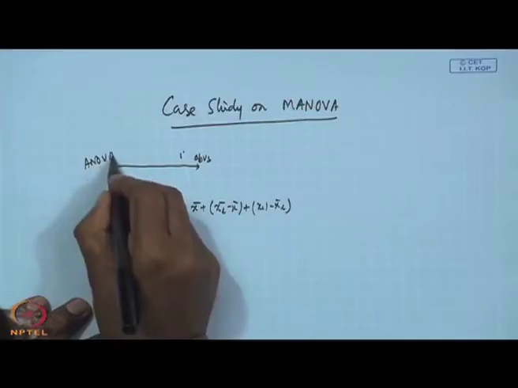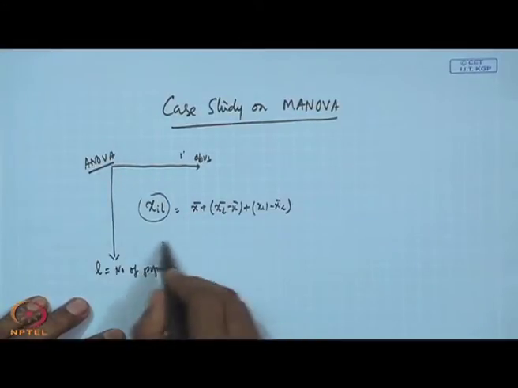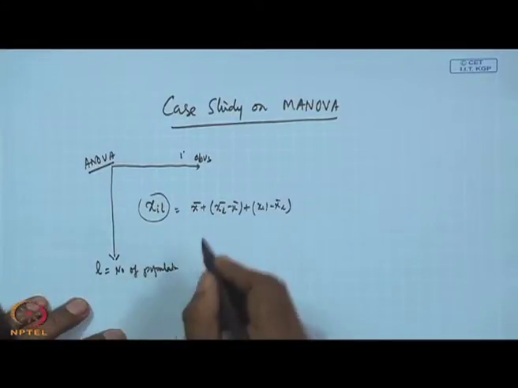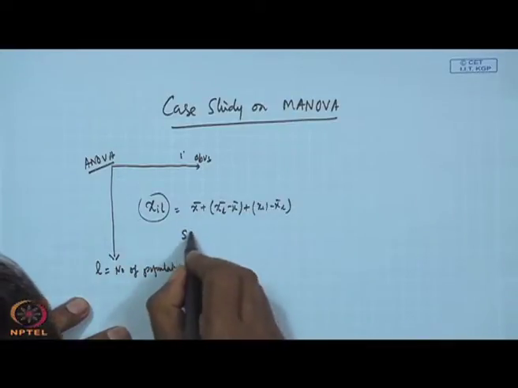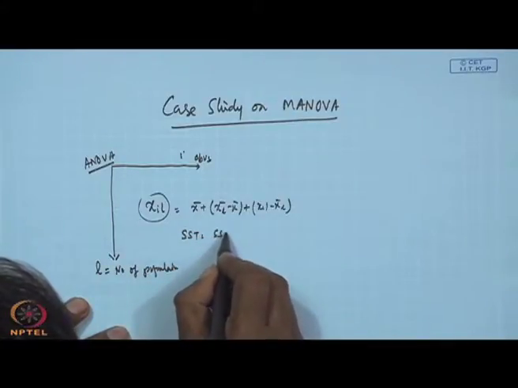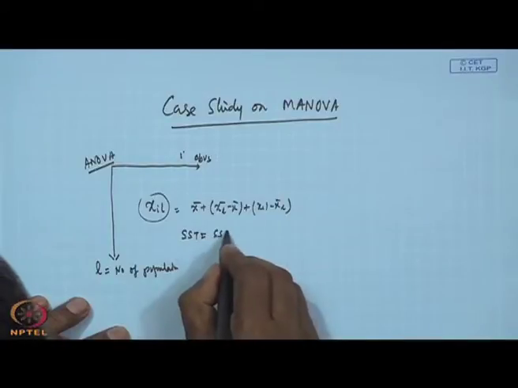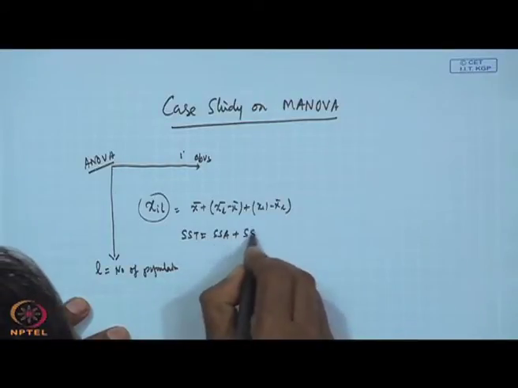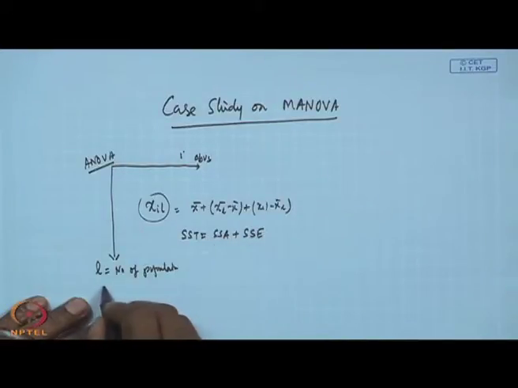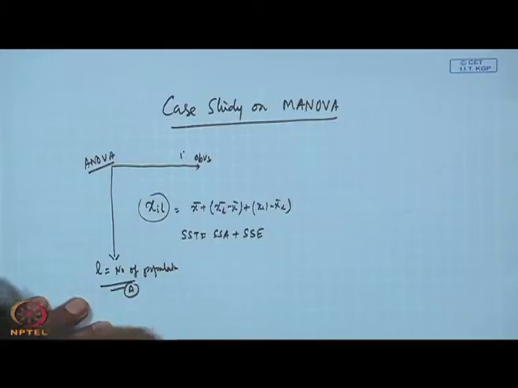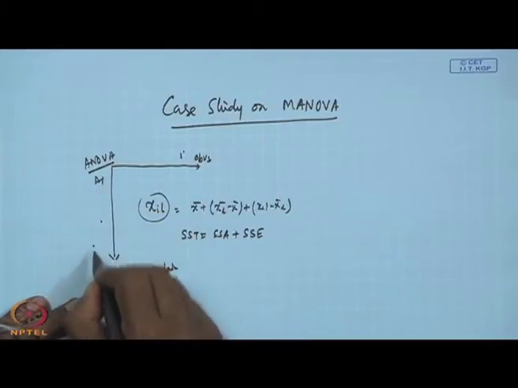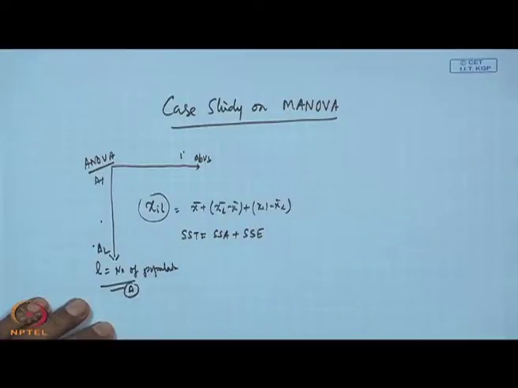And then ultimately, in one way ANOVA, we found that SST equals SSA plus SSE. If we denote this population in terms of A, it is A1 to A capital L.